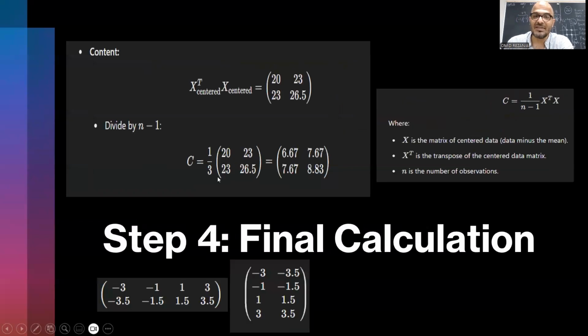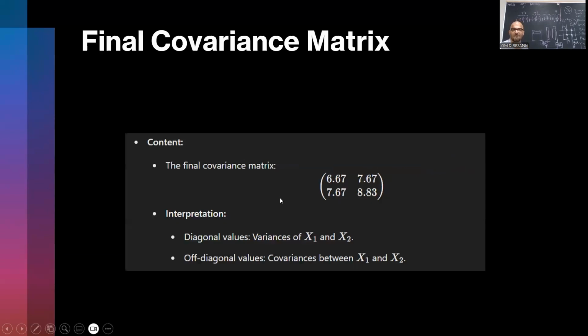So I divide the end result, the matrix which I got, by 1 over 4 minus 1. 4 minus 1 becomes 3. Then every element in that matrix is multiplied by 1 over 3. Then that's going to be your final calculation for the covariance matrix.